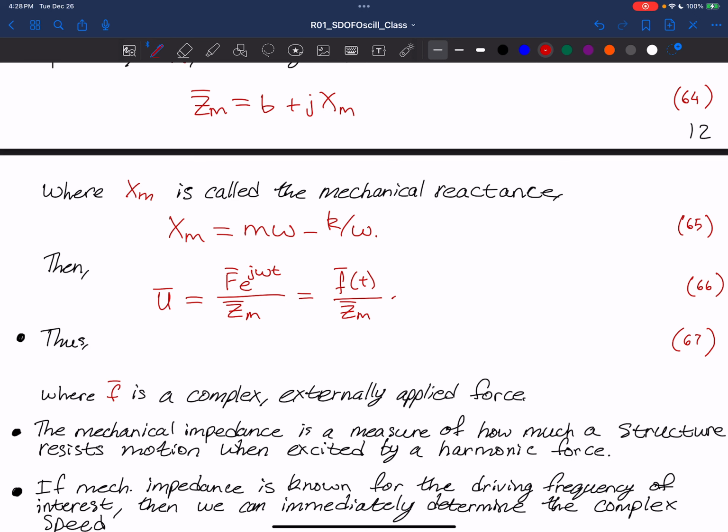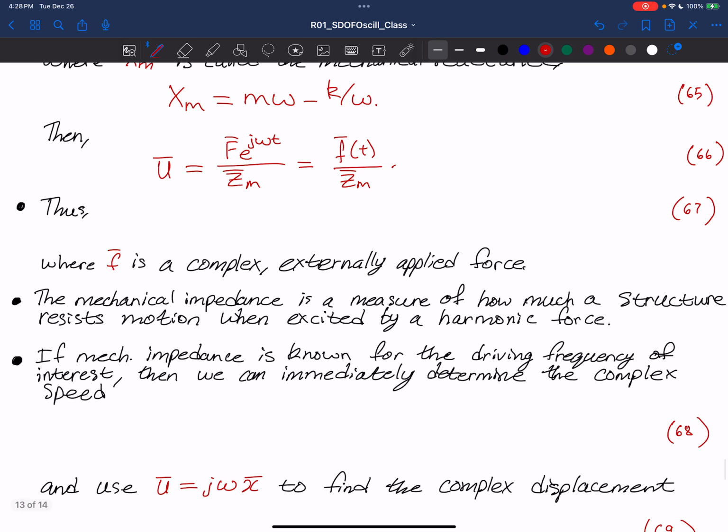And what this means is that Z bar m, the complex mechanical impedance, is equal to the complex force divided by the complex velocity response, where F here is the externally applied force. This is the mechanical impedance.